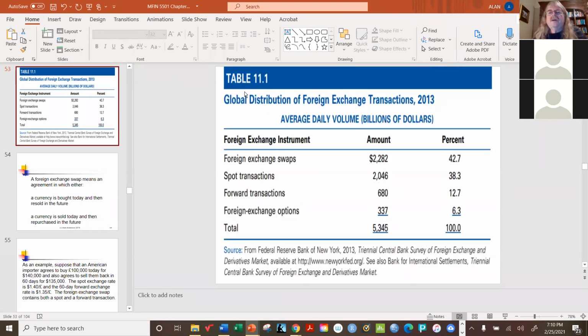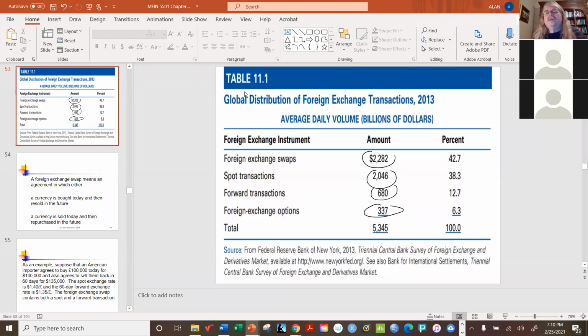Okay, so we had $2.28 trillion worth of swaps. Spot transactions were slightly over $2 trillion. Forward transactions about 680 billion. And then these, we will investigate later on. These are derivative securities that give you the right to buy the currency, but not the obligation.